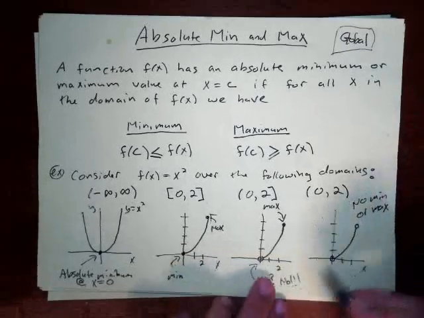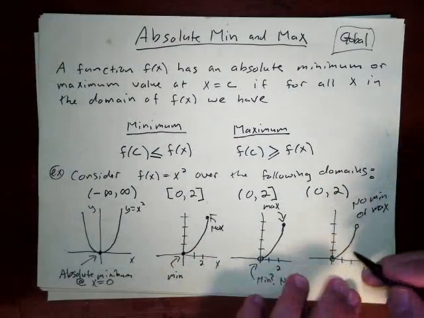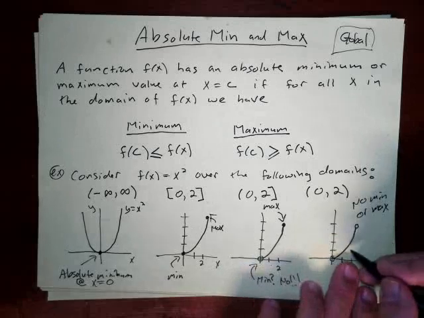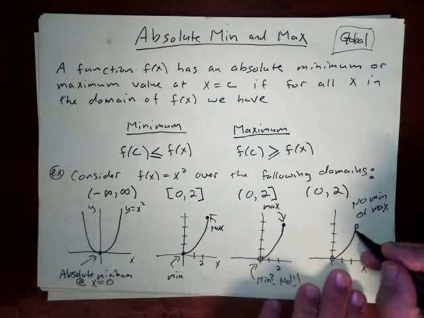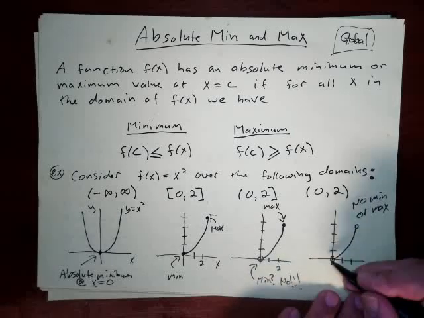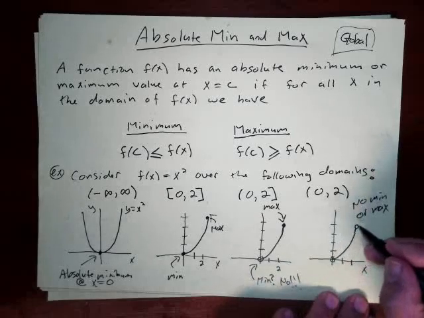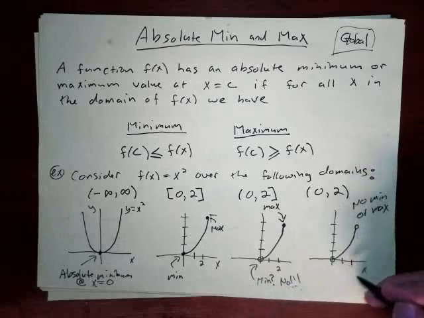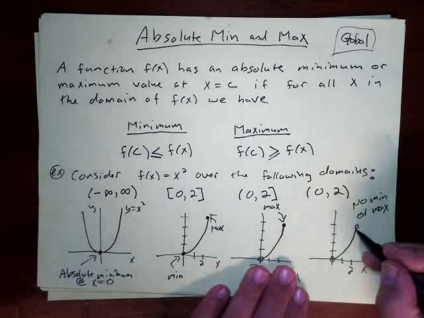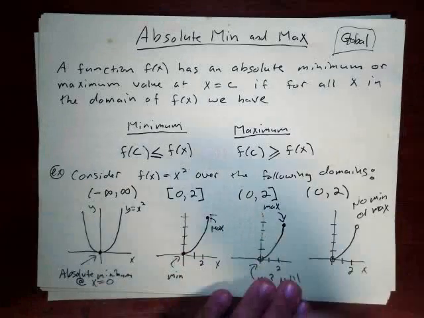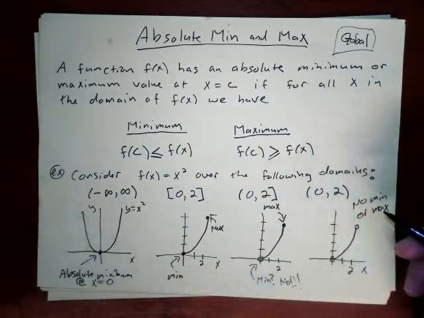Because you have the same issue going on with 0, and then you also have the same issue going here. You can get closer and closer to 4, but you're never going to reach 4, and there's no largest number, right? There's no largest value of the function that's bigger than all of the other values of the function on this interval.